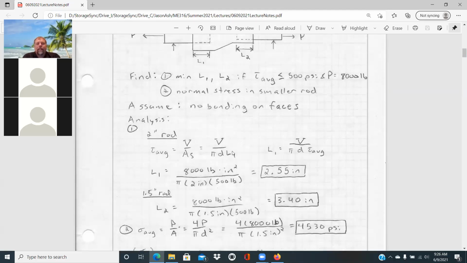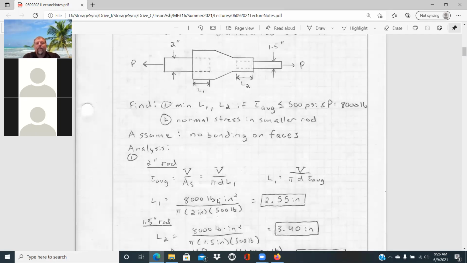And I see an issue with units that I did here when I was redoing these last summer, but L1 is going to be, oh no, I'm good with units. I see what I did. L1 is then our shear force, 8,000 pounds, divided by pi, divided by diameter, 2 inches, divided by the shear stress, and it's 500 pounds per inches squared.